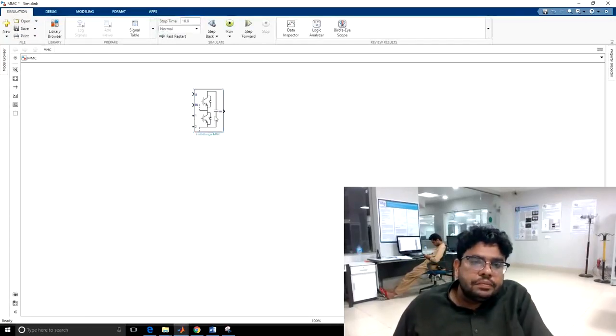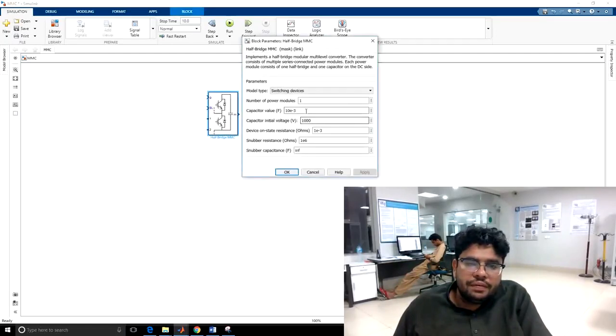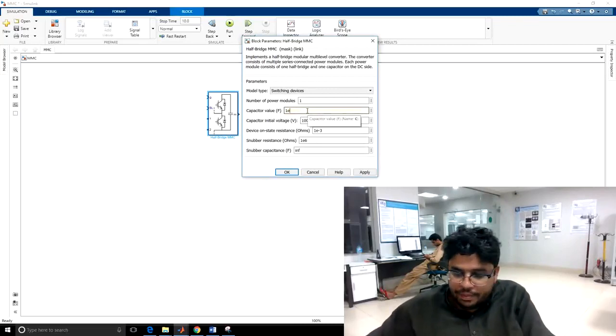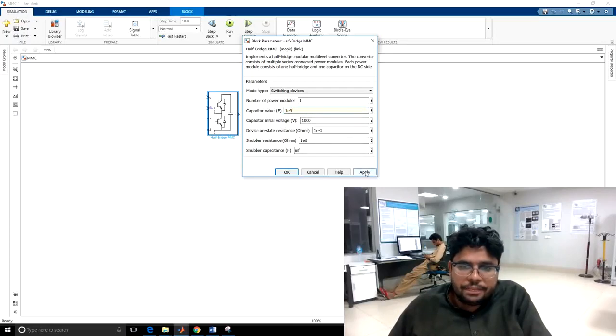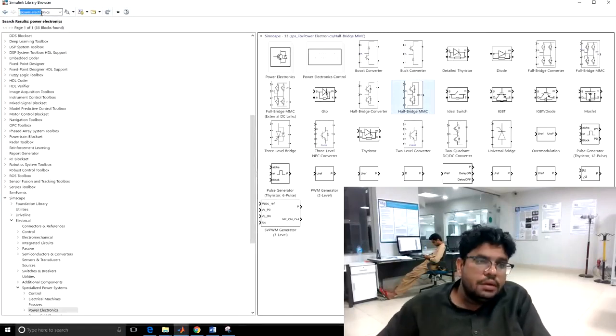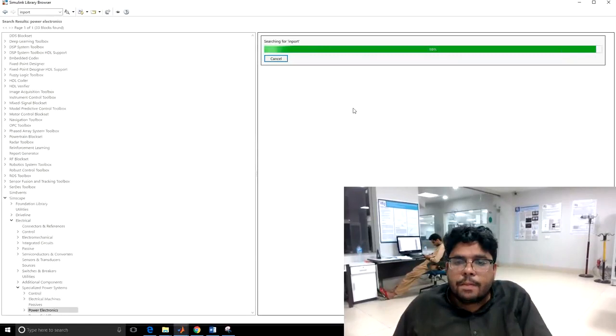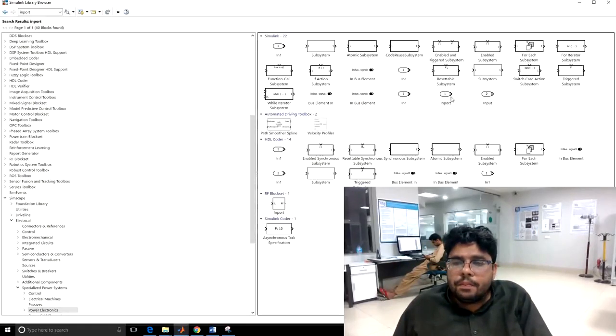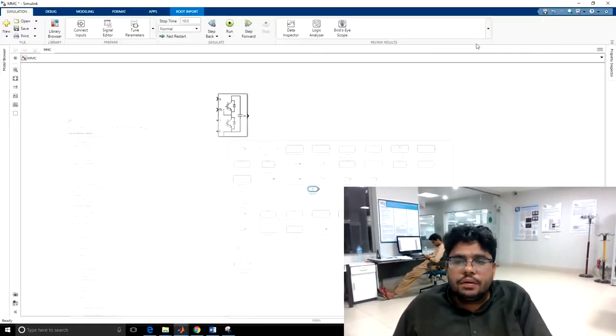Alright, now let's give the values to the parameter. Let us say capacitance value 1e9 and let all the other parameters be the same. We need to give a gate signal, so here I am taking one input for the gate signal.